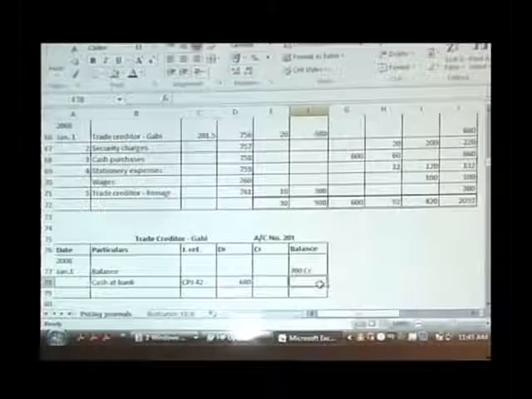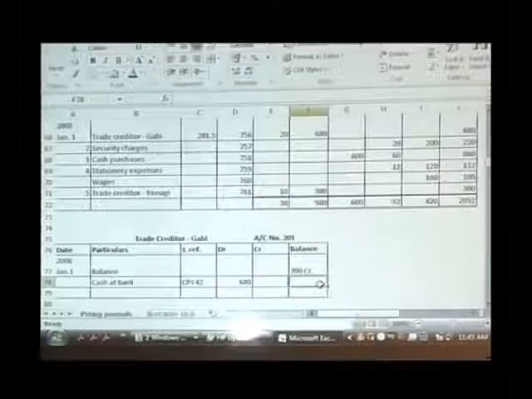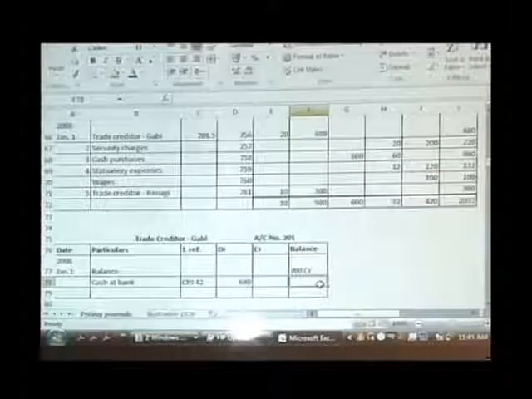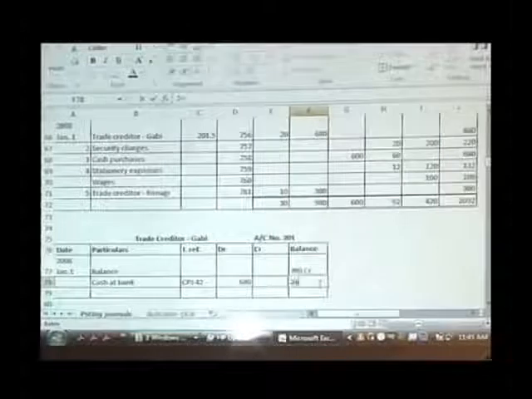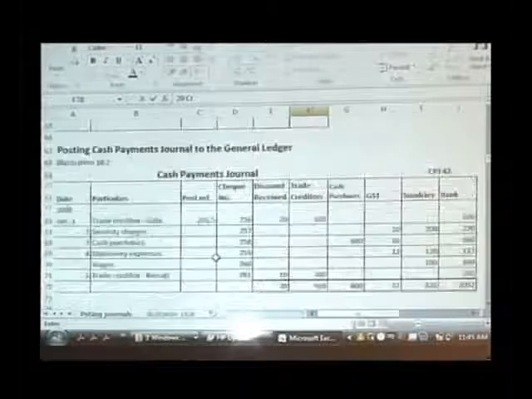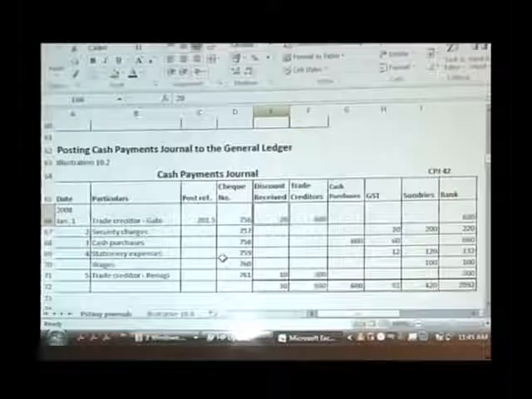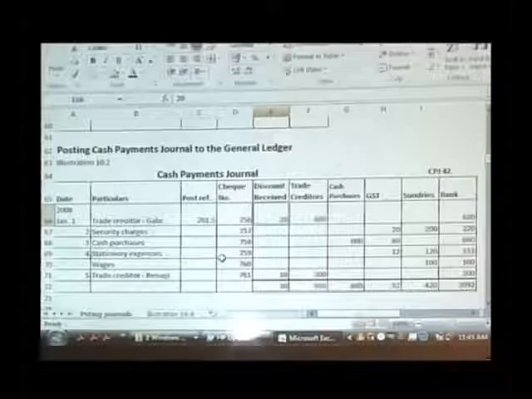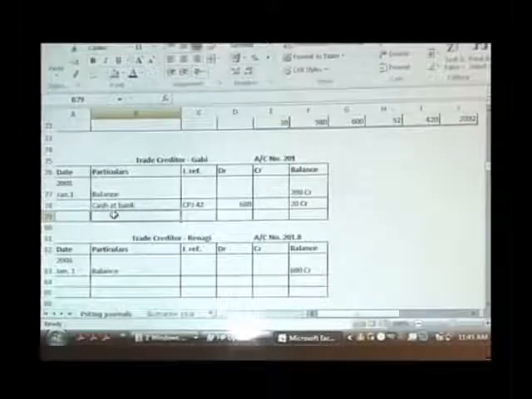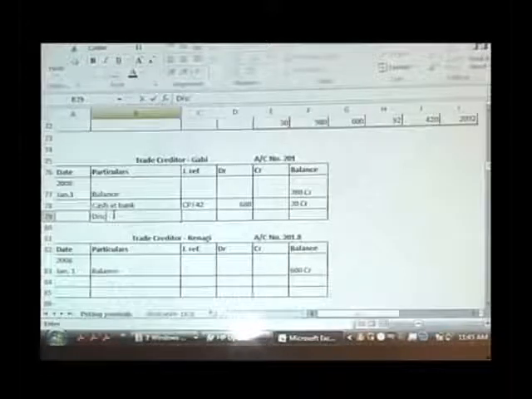We had a 700 balance, and now 700 minus 680 is 20 credit balance. 680 posted, now the 20 kina discount received is to be debited to the same account. This is the discount received account.